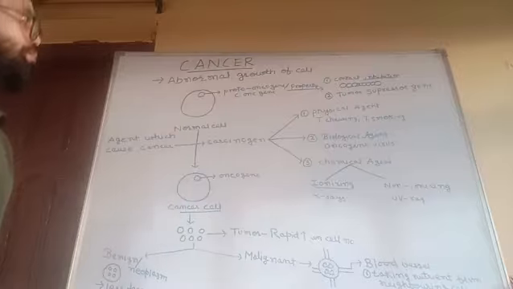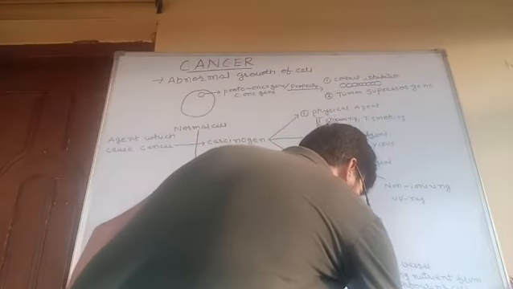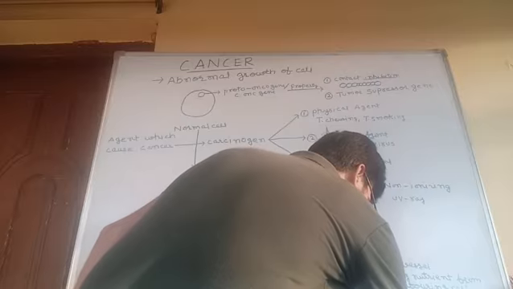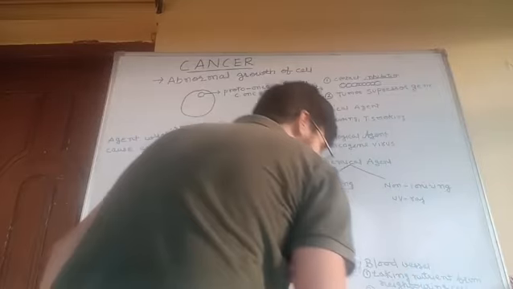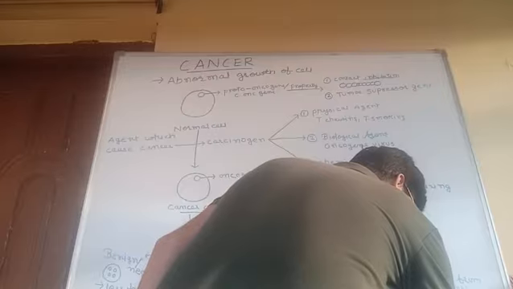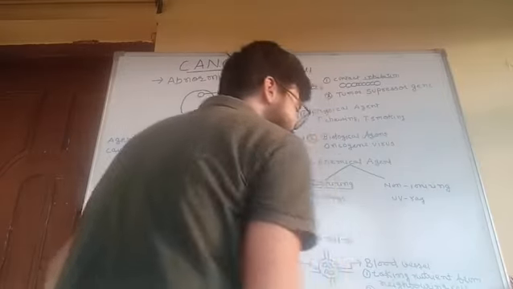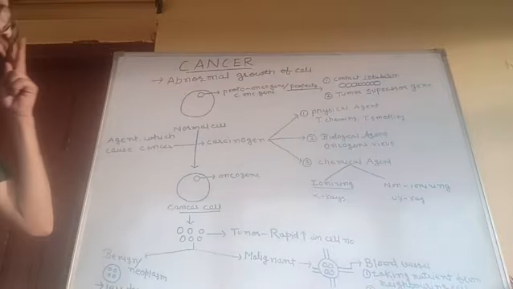Taking nutrient from the neighboring cell. And point number two, what will it do? The nearby cell dies. Because the nearby cell will get less nutrient, the nearby cell dies due to starvation. Understand? These are the conditions which will occur here.